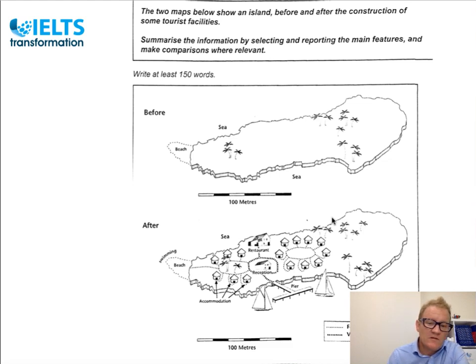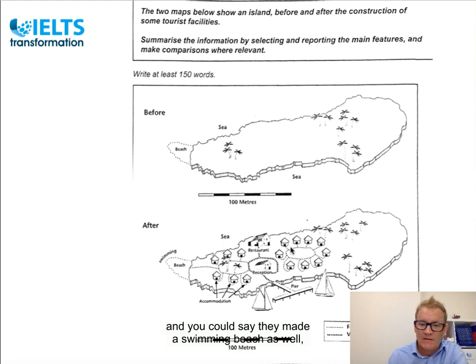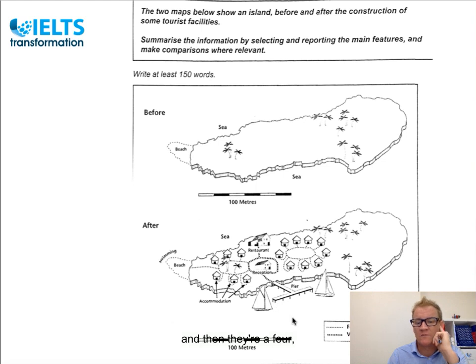So you could say they made the swimming beach as well, but you've got to mention all of those. If you miss the pier, this is what students do on diagrams, they miss one of the things and then there are 4.